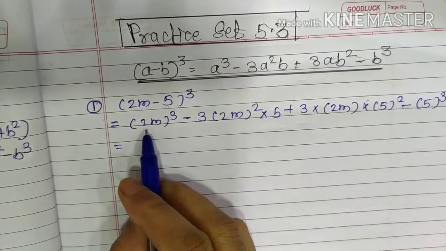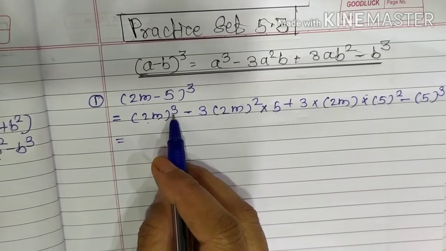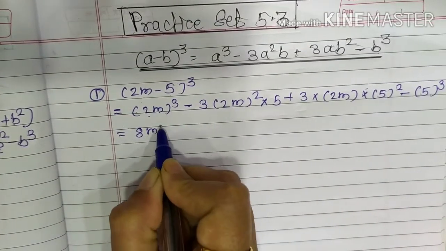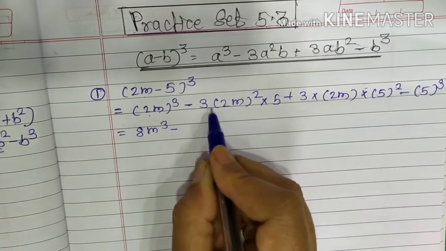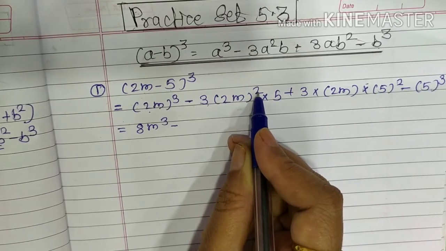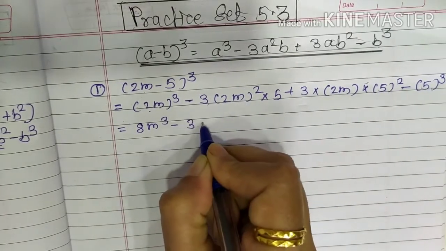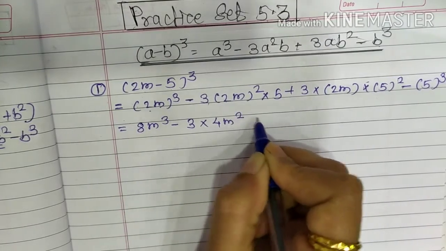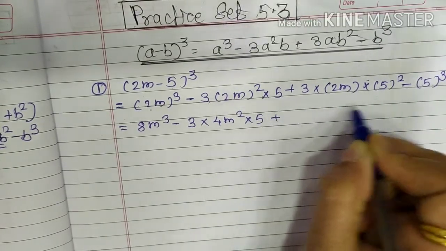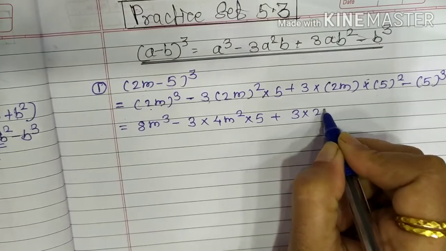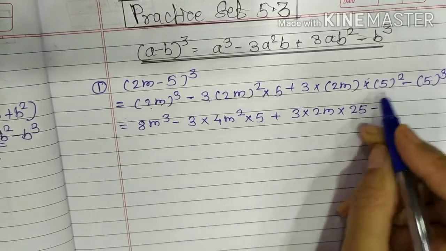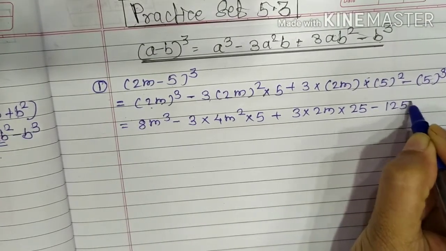In the next step, cube of this 2 is equal to 8m cube, minus 3 into (2m) square, 3 into 4m square into 5, plus 3 into 2m into 25, minus 5 cube, that is 125.